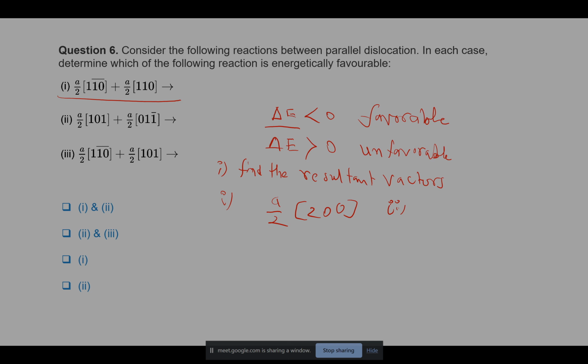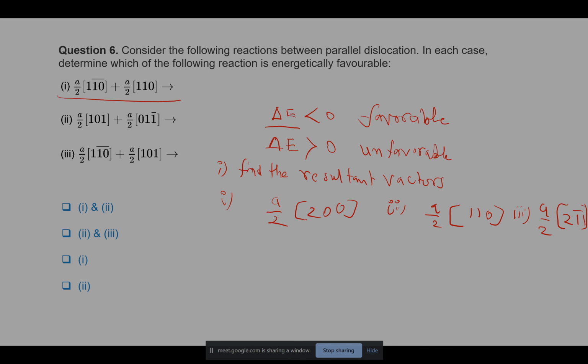For the second, it will be a by 2, 1, 1, 0, and for the third one also we'll write down a by 2, 2, minus 1 and 1. Okay.